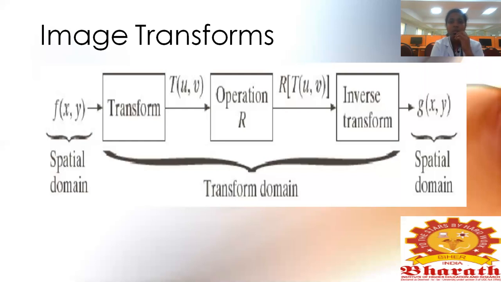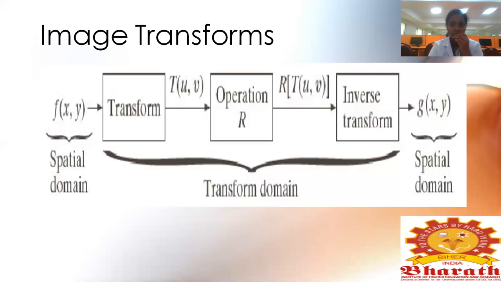There might be very slight changes in the image. So f of x comma y, with the necessary operations performed, becomes the image g of x comma y, right? That is why we use g of x comma y.